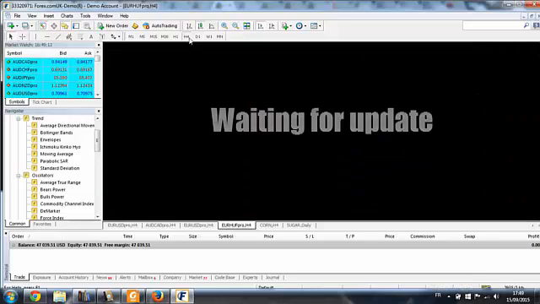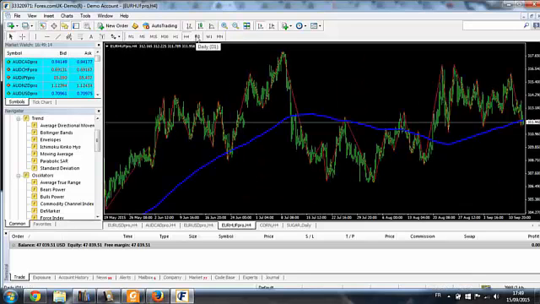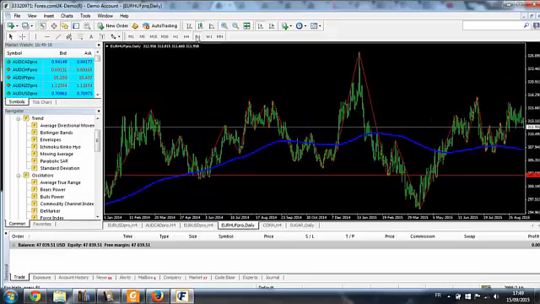Yes, we have here a lower lower, a lower higher, lower lower, lower higher, and here the price is broken by the market. I think that the price will continue its direction to this resistance here.